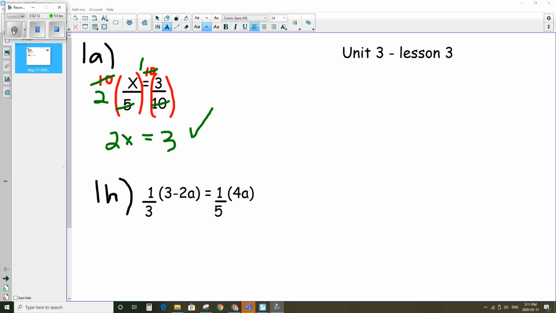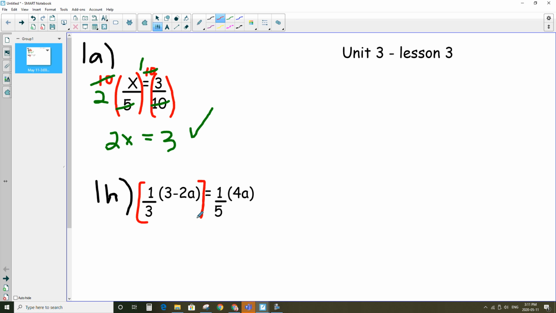All right, so for this question here, what we want to do is eliminate the 3 and the 5 at the bottom. A number that you can divide by 3 and by 5 would be 15, because you can divide 15 by 3 and you can divide 15 by 5 as well. So I'm going to put a bracket around the first term and put a bracket around the second term and write a 15 in front of each one.